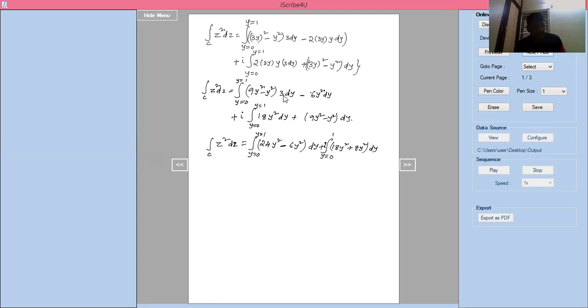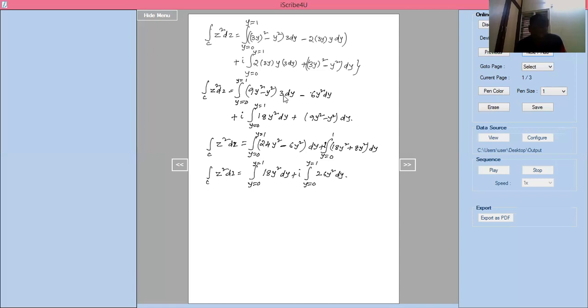We'll simplify this. Integration of c into z square into dz equal to 24y square minus 6y square should be 18y square, y equal to 0 to y equal to 1, 18y square into dy, plus i into 18y square plus 8y square should be 26y square, y equal to 0 to y equal to 1, 26y square into dy.